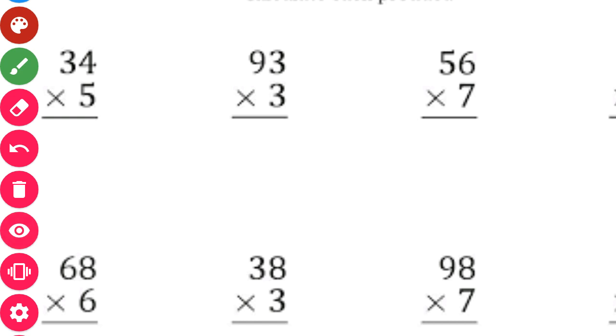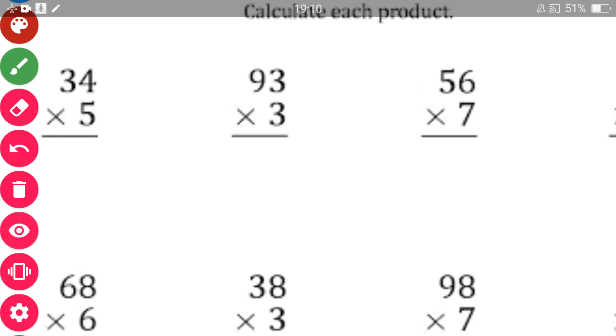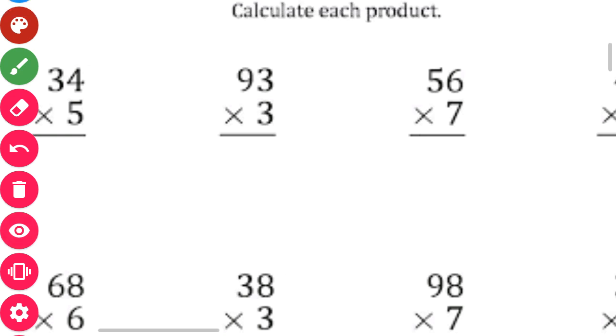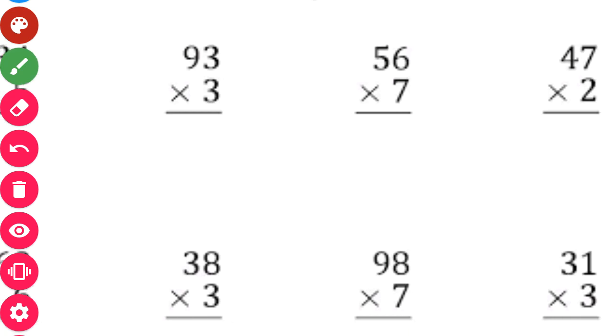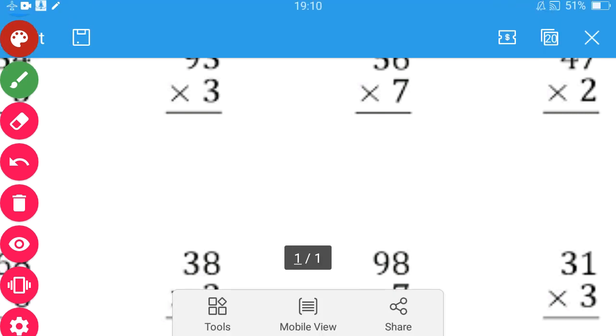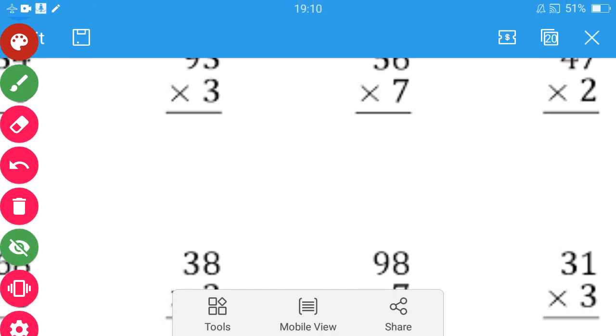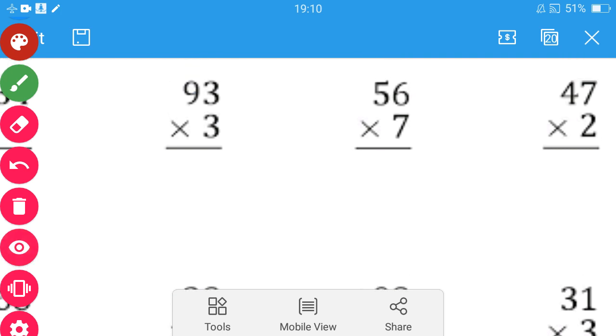Now moving towards the third question. 56 into 7. Okay. Let us do. Now complete it.